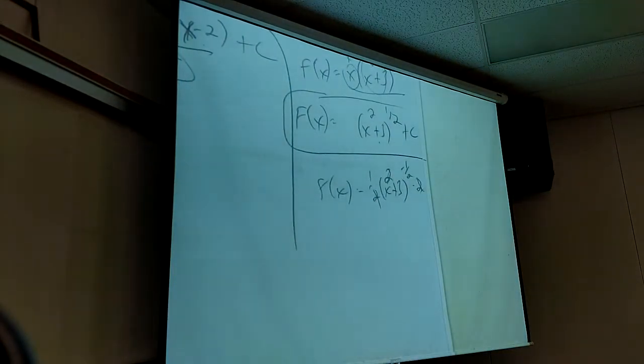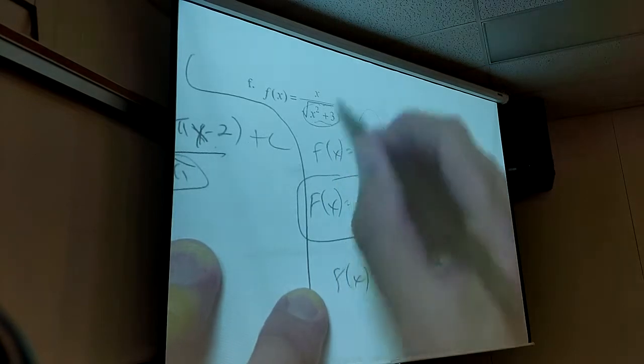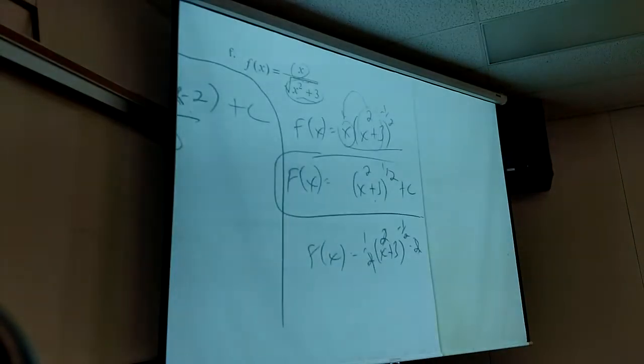So I know that's the antiderivative. So the generalization I can make is if you're taking the antiderivative of a function that would have a chain rule piece to it, the chain rule piece has to be there for it to work. So x squared plus 3 would have a chain rule piece, 2x. There's an x there. It has a chance to work.